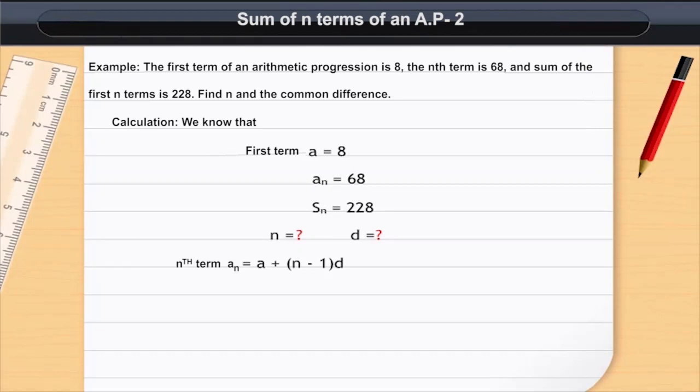The nth term an is equal to a plus (n minus 1)d, so 68 is equal to 8 plus (n minus 1)d, which gives (n minus 1)d is equal to 60. Let this be equation 1.